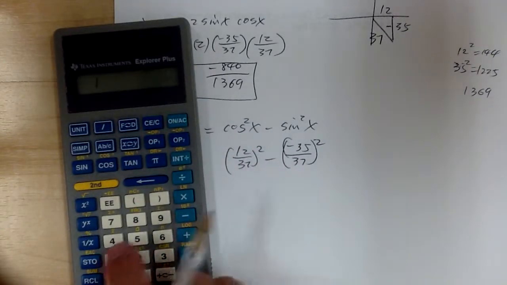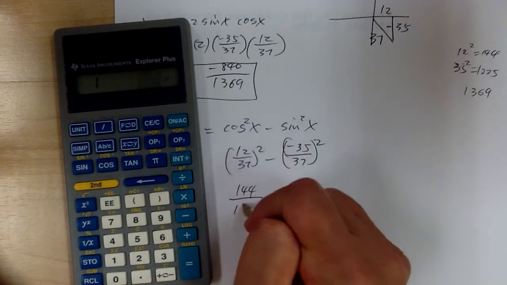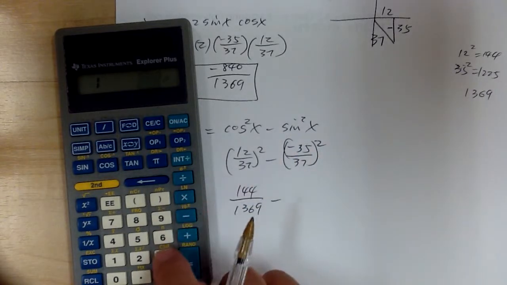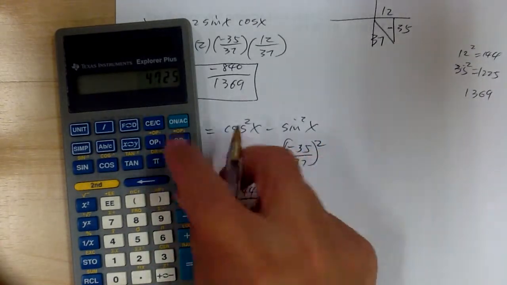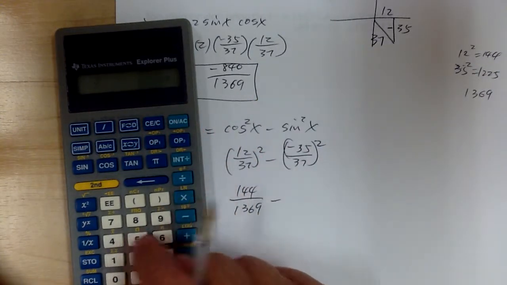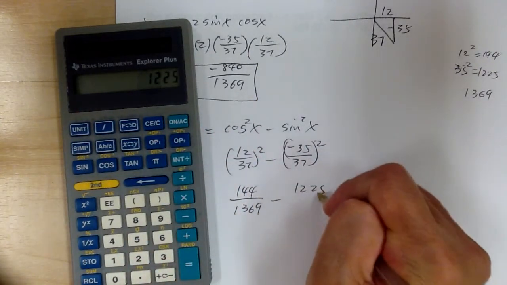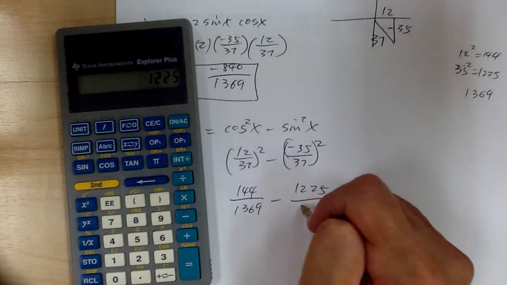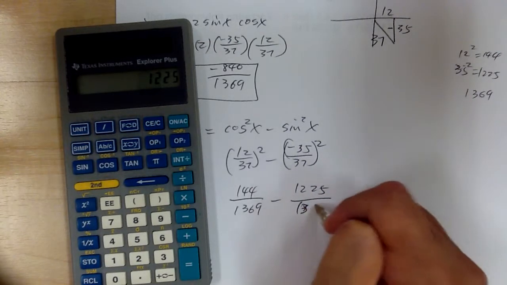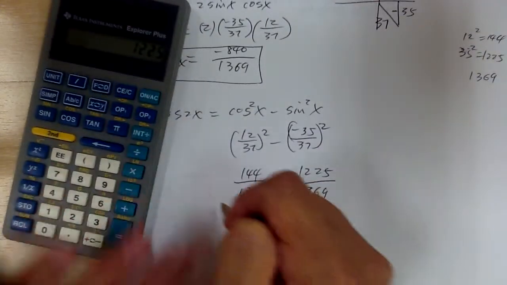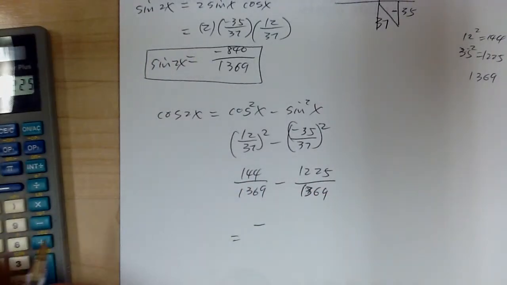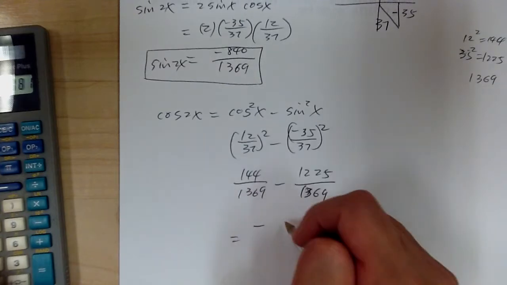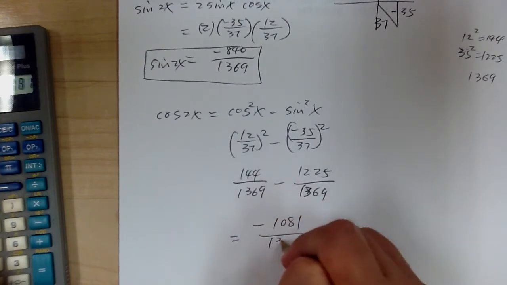So you're going to get 144 over 1369 minus 1225 over 1369, and so that equals negative 1081 over 1369.